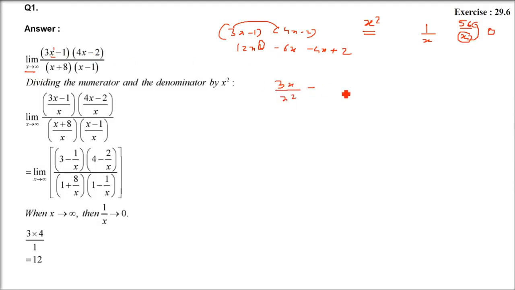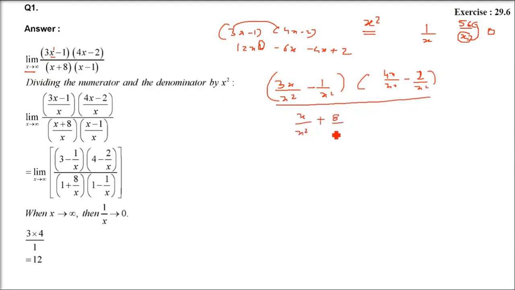So you have 3x by x square minus 1 by x square and 4x minus 2. If you multiply it, then also you have to do the same thing. If you don't multiply it, then also you have to do the same thing. I am telling you the concept here, what we are doing exactly. Highest power is x square, we are dividing everything by x square. So you have x by x square, 8 by x square, then you have x by x square, and you have minus 1 by x square.